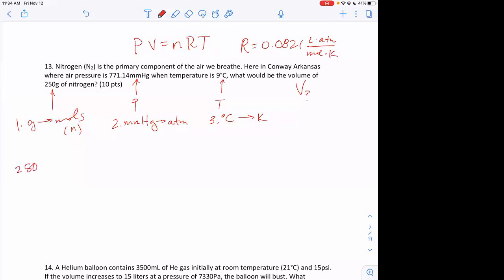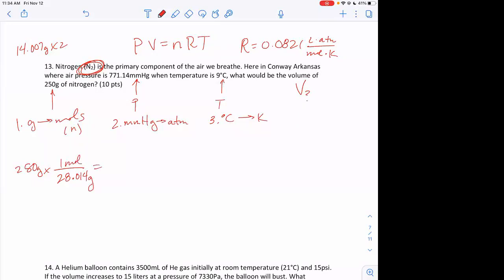You take the 250 grams. Nitrogen is N2. Okay, that's why I gave you that little formula right there, N2. So for nitrogen you need to do 14.007 grams times 2. So you should have got 28.014, something right at that, but it should have been 28 grams per 1 mole.